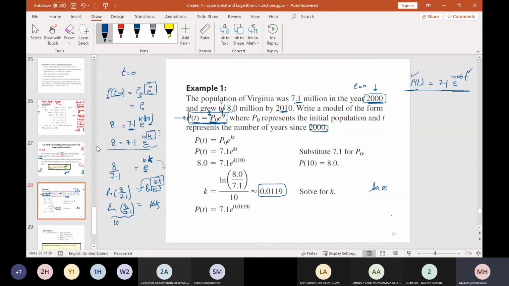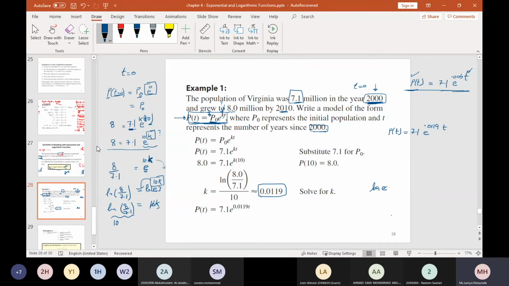So now what is my equation? My equation for the population after any number of years from the starting year, which is 2000, where the initial population I start with was 7.1, will be 7.1 e to the power of 0.0119 t.